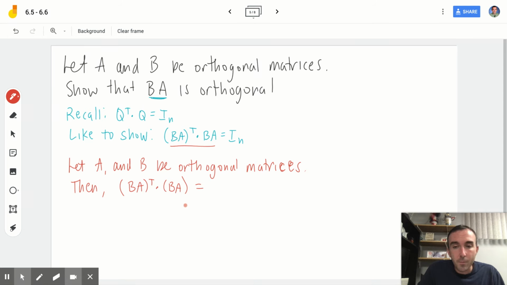So first thing we want to do is apply matrix transpose properties back from chapter 2. Recall that if we have a product we're transposing, that is equal to the product of transposes, but the order switches. So this part here that I have underlined comes out as A transpose B transpose, and that's getting multiplied by BA.